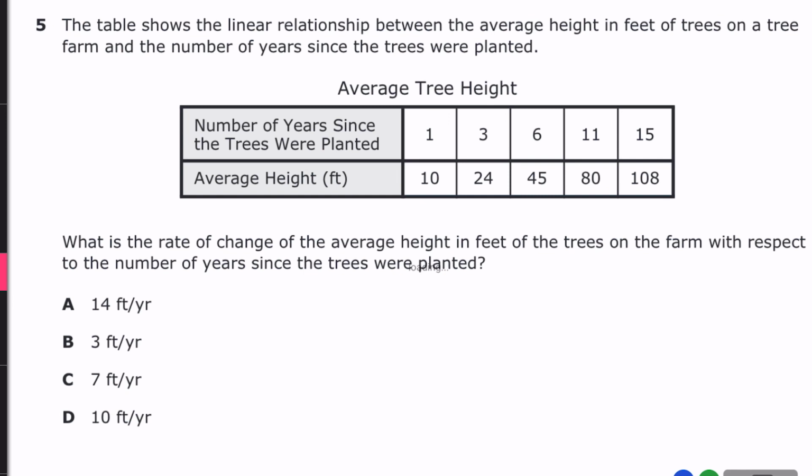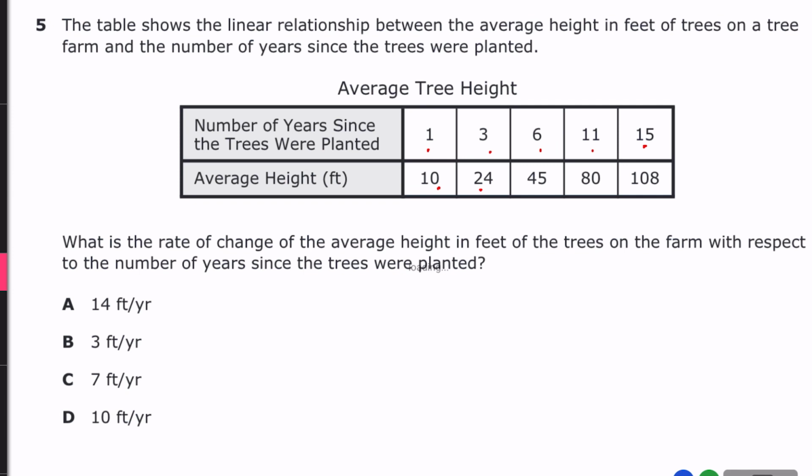The number of years since planted is 1 year, 3 years, 6 years, 11 years, 15 years. The average height in feet is 10 feet, 24 feet, 45, 80. So it's increasing. What is the rate of change of the average height in feet of the trees on the farm with respect to the number of years since the trees were planted?